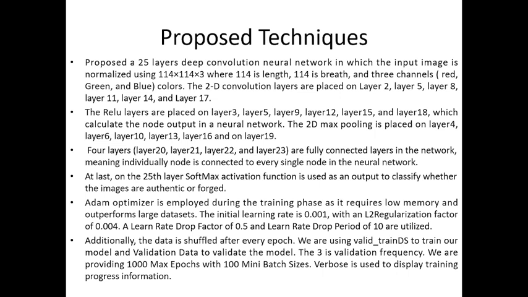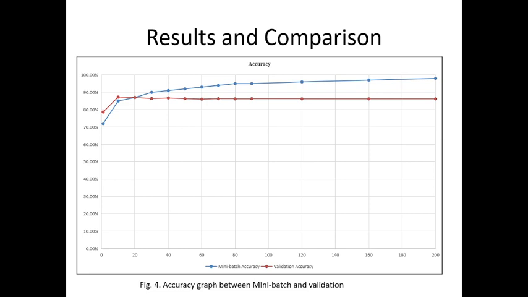After that, deep neural network transfer training on video frames for video forgery detection is being done, and then the deep neural network transfer training process for video forgery detection is also being done. After that comes the result section, in which accuracy and loss graphs are presented to analyze the performance of different techniques.